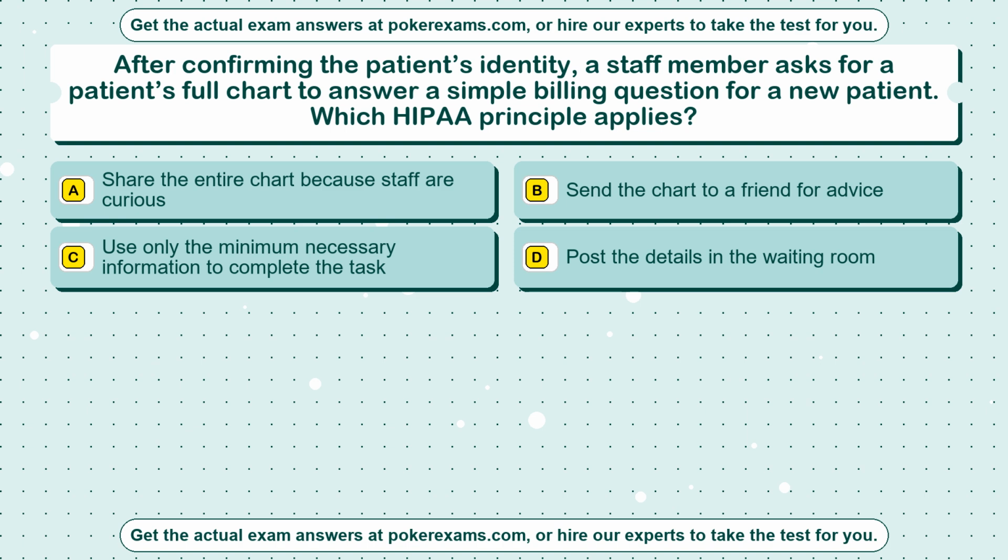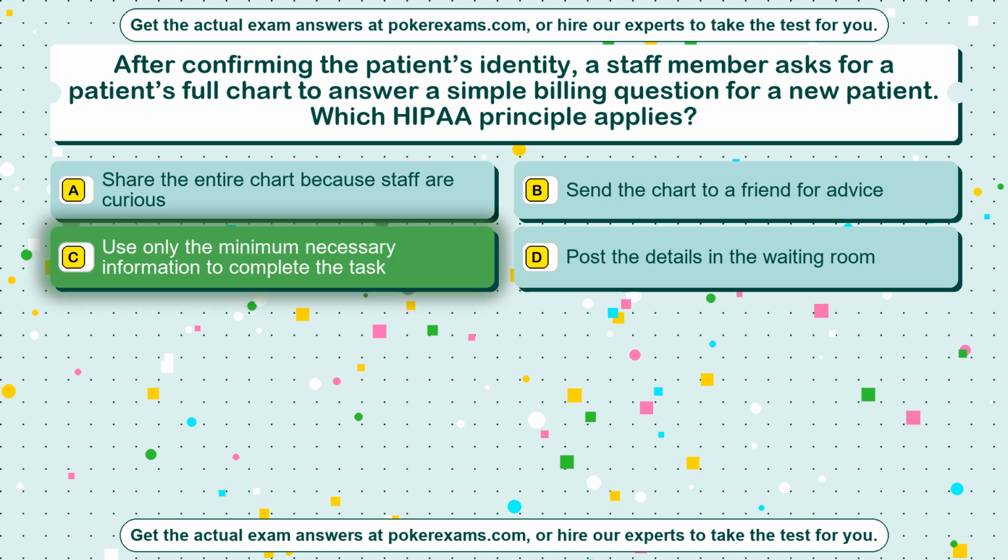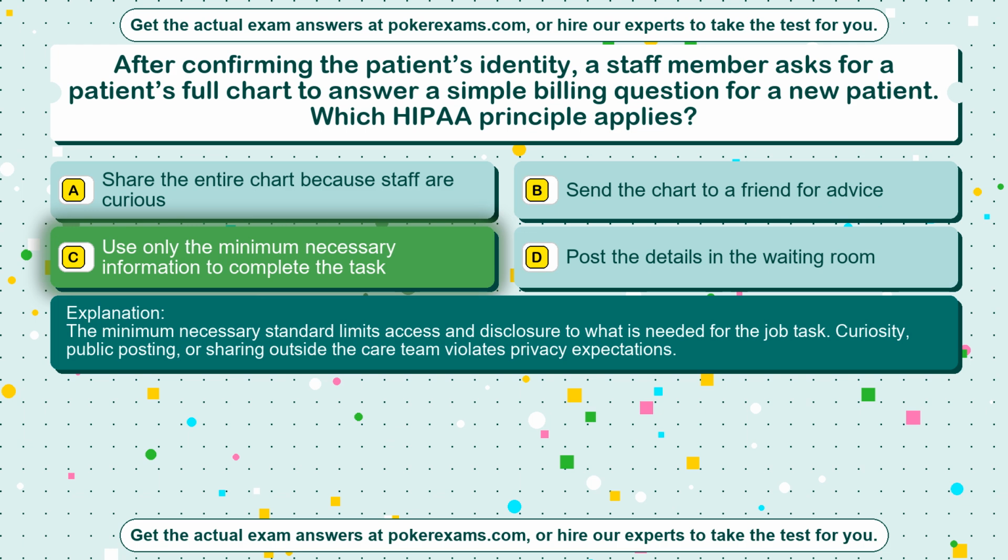Option D, post the details in the waiting room. The correct answer is option C, use only the minimum necessary information to complete the task. The minimum necessary standard limits access and disclosure to what is needed for the job task. Curiosity, public posting, or sharing outside the care team violates privacy expectations.